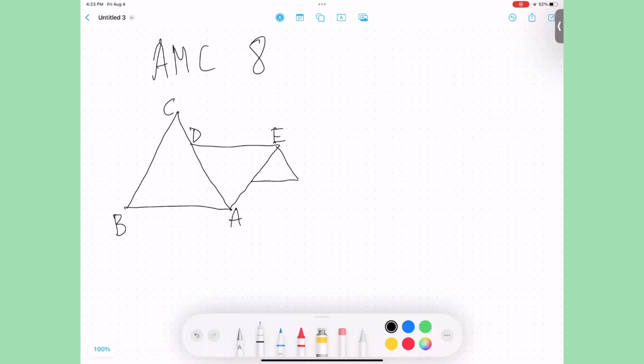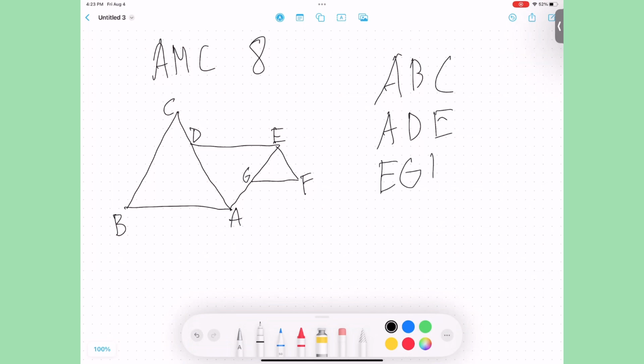These are all equilateral triangles, by the way: ABC, ADE, and EGF. These are all equilateral. And then also it's given... Okay, wait. Let me draw it more proportionately.